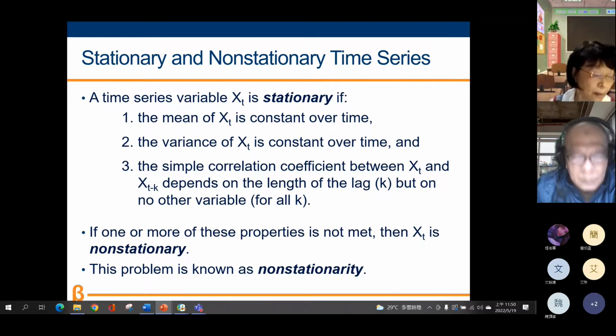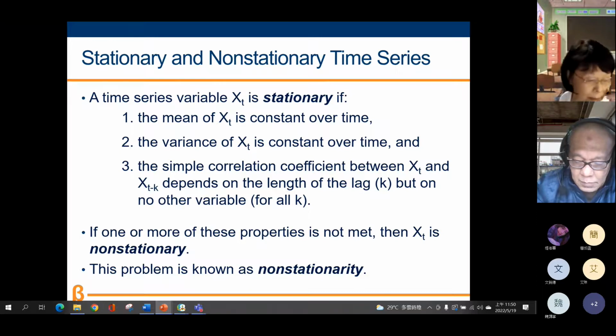The second reason to worry whether the time series is stationary or not is that if we do have non-stationary time series, it will lead to the phenomenon of spurious regression.